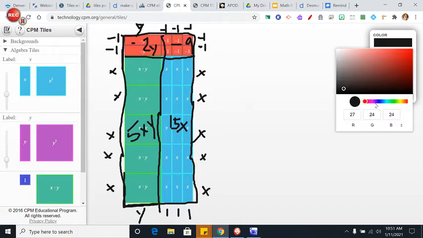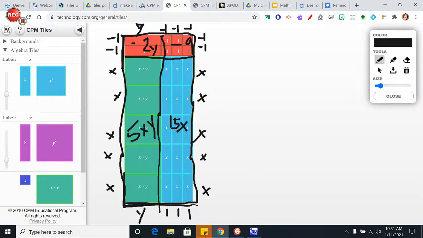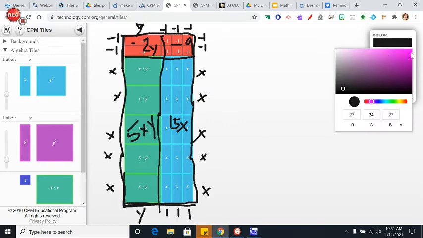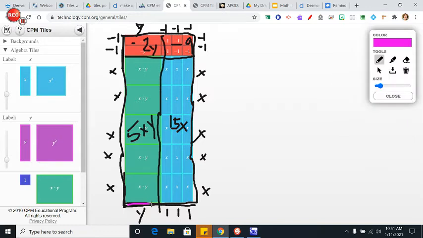Okay, and then for the product, you're just going to write the length times the width. So your length would be this side right here, which would be Y plus 1 plus 1 plus 1, which would be Y plus 3. Your width would be X plus X plus X plus X plus X. Well, that's 5X.